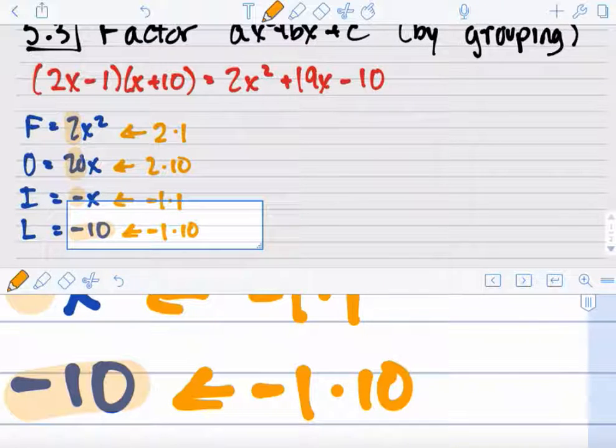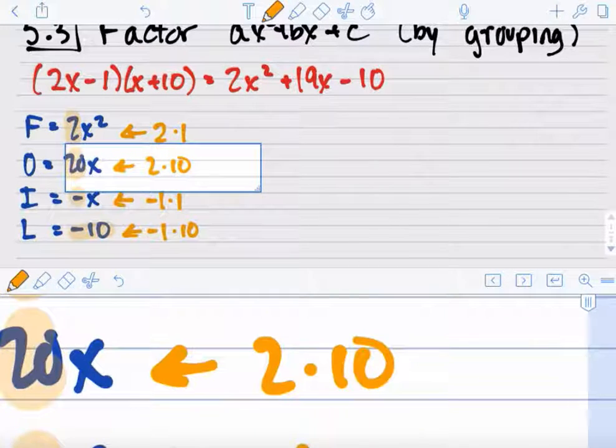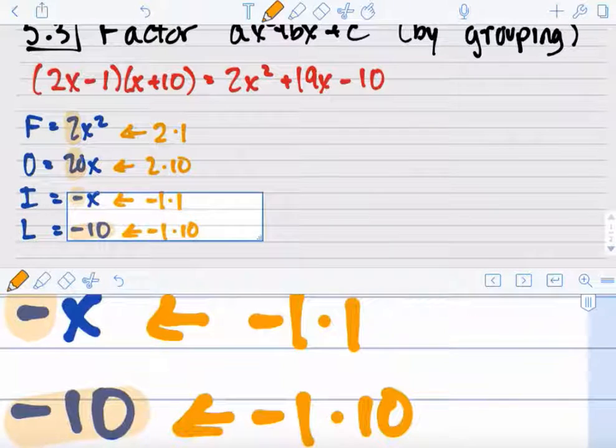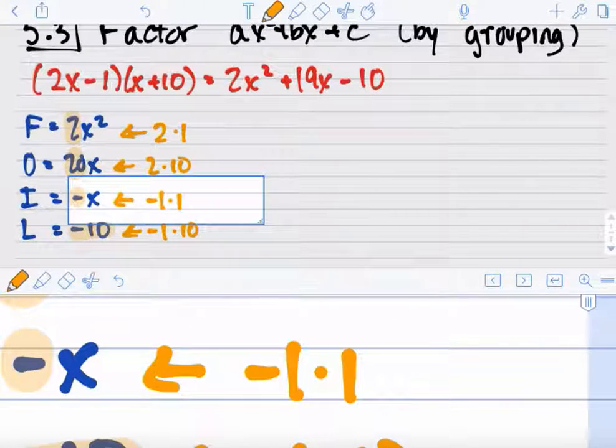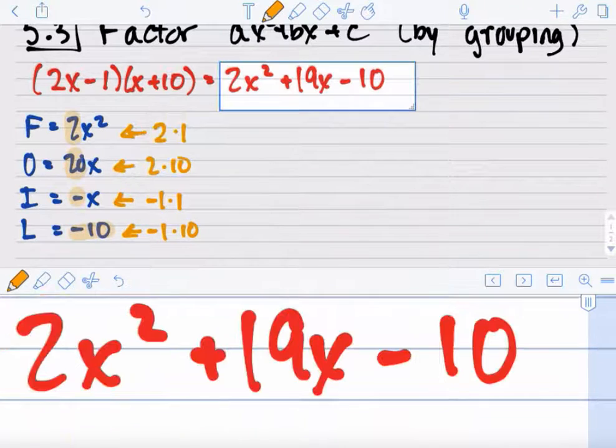So these follow patterns. What we learn is this right here, 2 times 10 gives me the 20, okay? And the negative 1 times 1, the inside, gives me the negative 1, that gives me the 19.